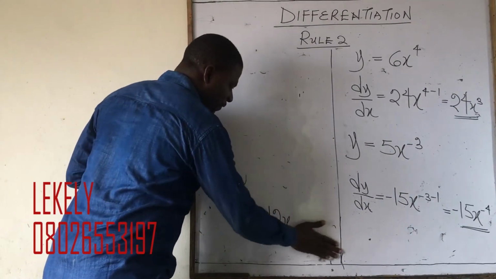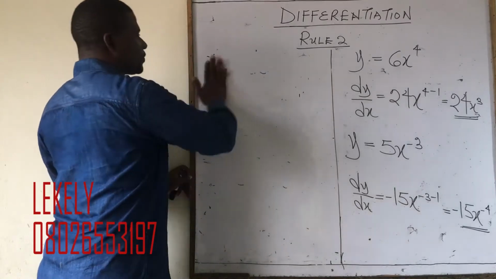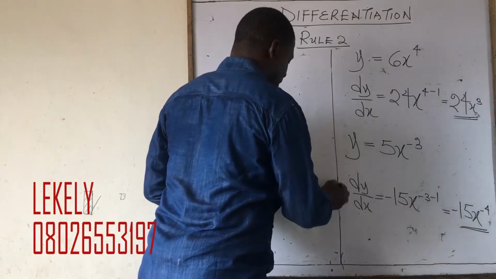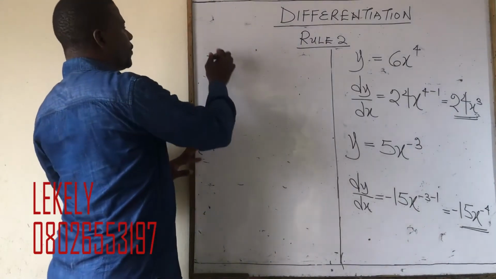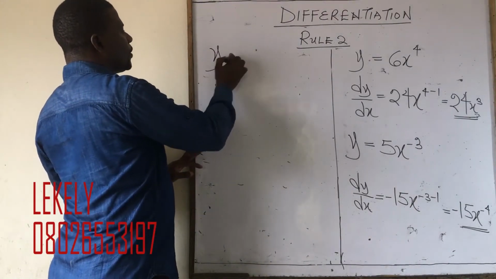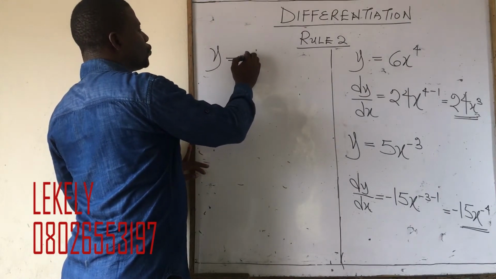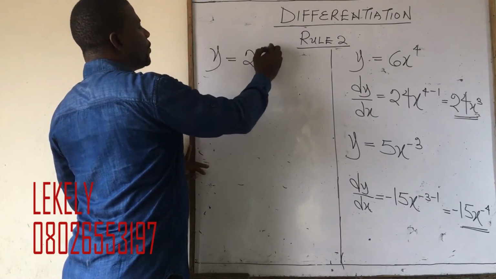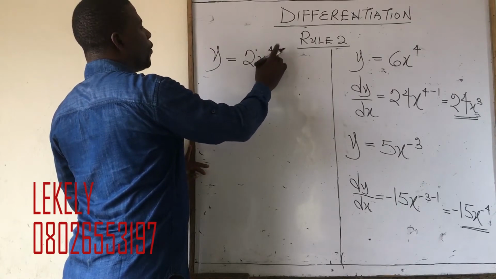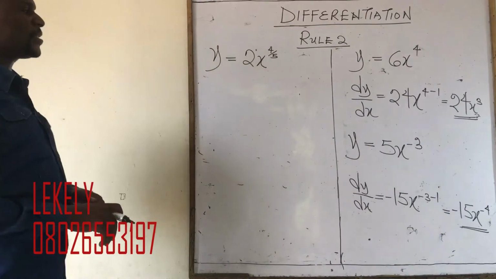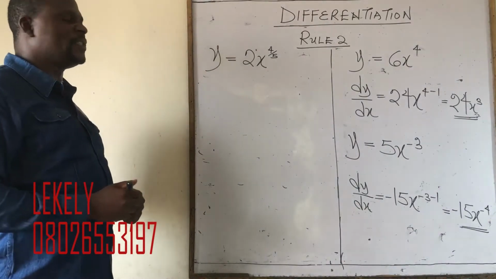Then, now, look at, still on rule 2. Now, if you have something like this, you have y equals 2x raised to power 4 over 5. Look at this. 2x raised to power 4 over 5.